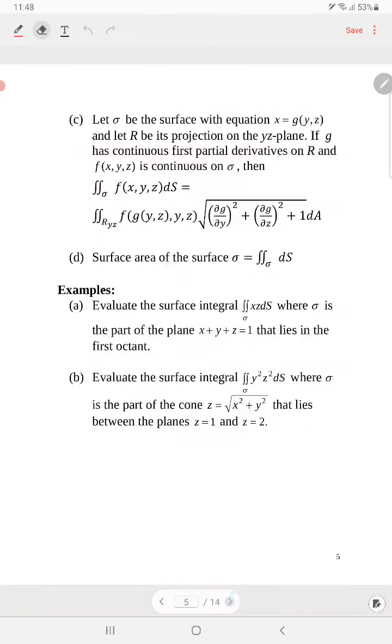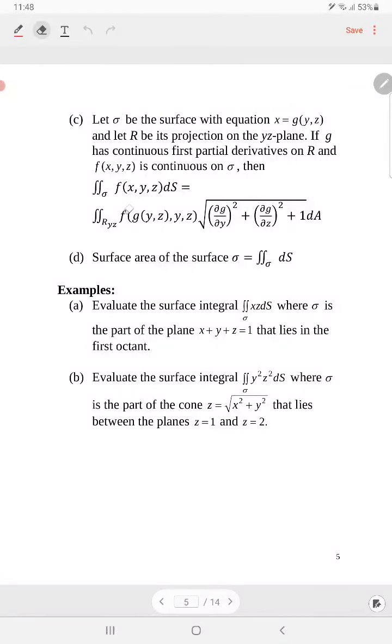Now let's look at the third case. The third case is where your surface sigma is given as x as a function of y and z. If you have this case, then you need to project your surface sigma onto the yz plane. And x in your function f should be replaced with g of yz.